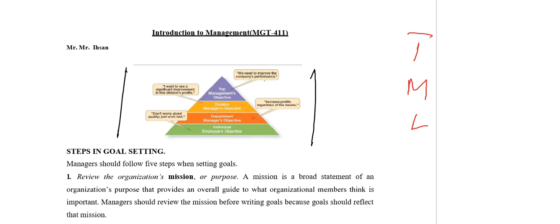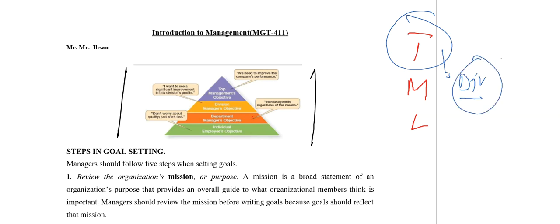Here we can see that the goal set by the top level is that we need to improve the company's performance. Then at divisional level, the boss or HOD or general manager or director of a division says that I want to see significant improvement in this division's profit, because top level wants improvement in the performance.